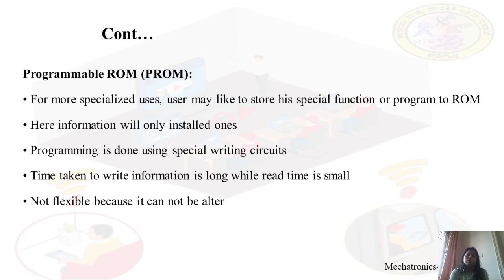Then the user, when he gets it, can program it according to his requirement. But once it is programmed, you cannot reprogram the ROM. If you want to reprogram it, you have to throw it away and get a new ROM. Understood?